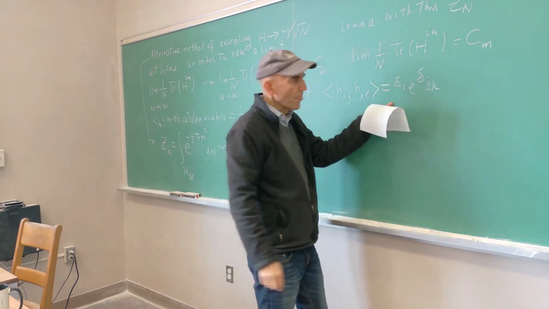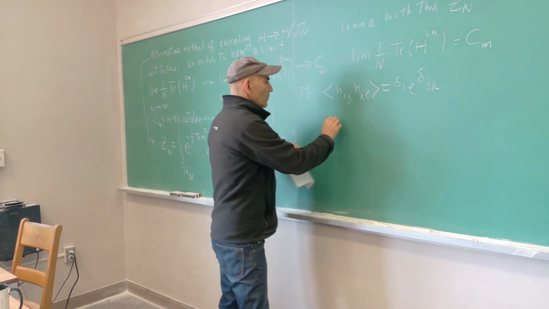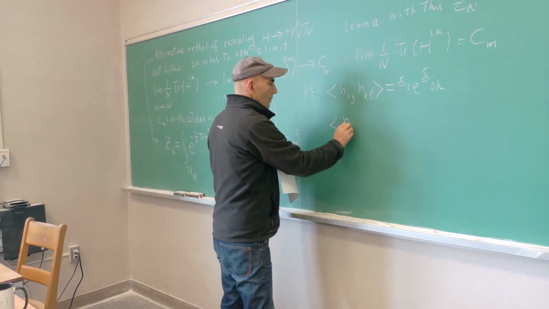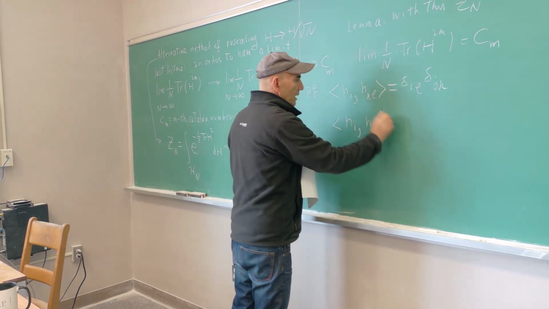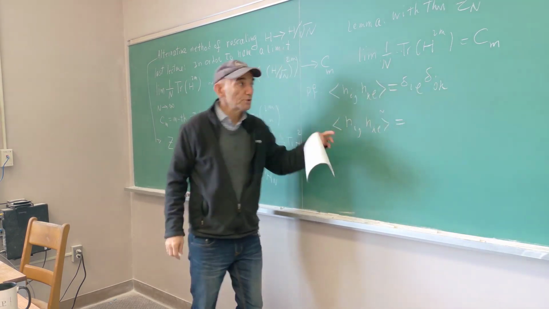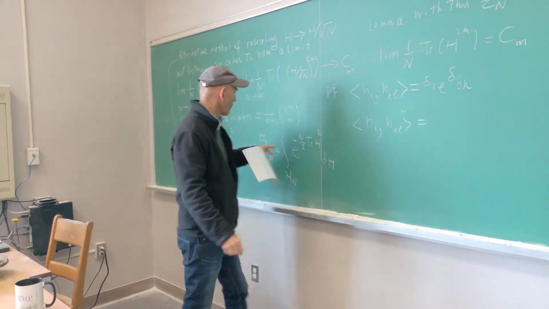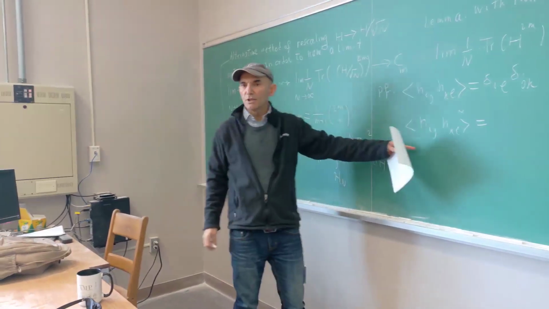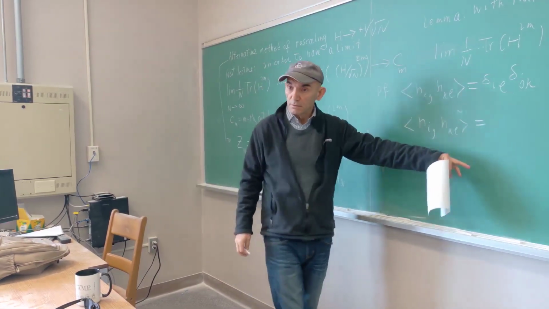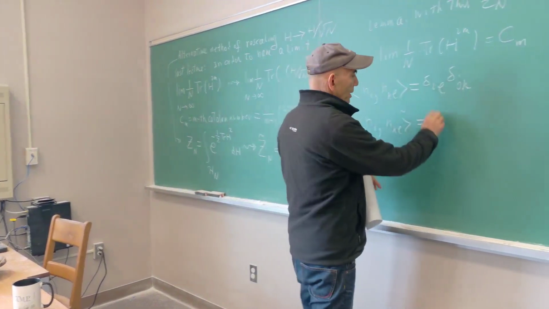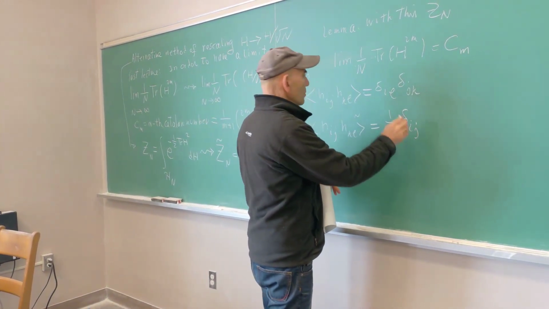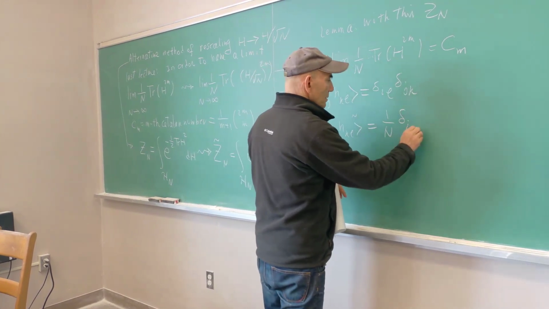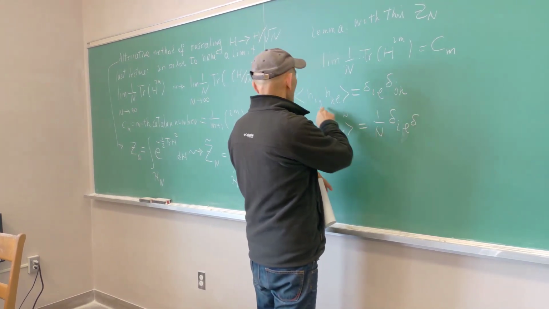But with this one, if you use this to compute these correlations, you get 1 over n delta il delta jk.